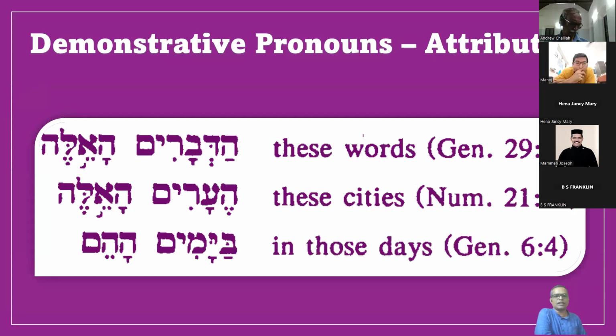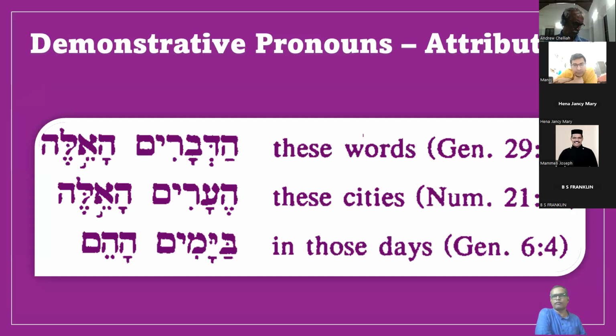All right. So ha devarim ha ele, these words, again the attributive usage of demonstrative pronouns. Ha arim ha ele, these cities, again demonstrative pronoun. The first one is masculine, the second one is feminine.